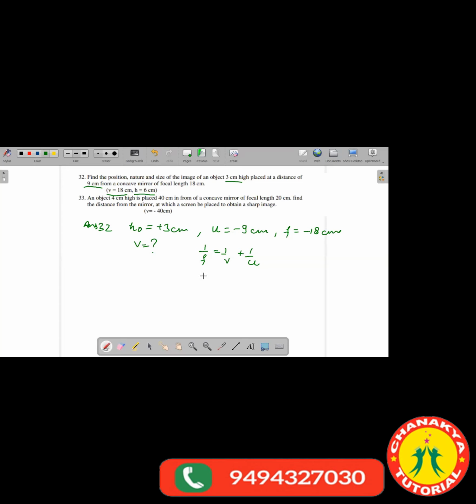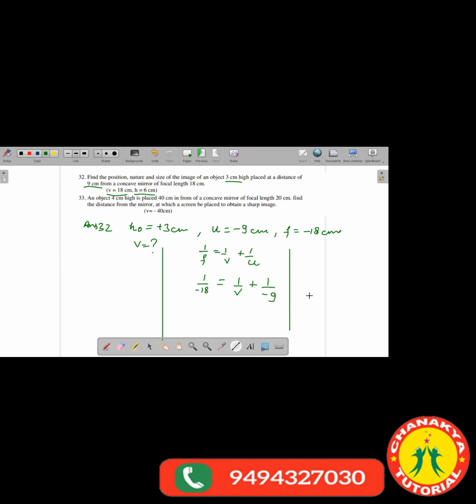Now, if we put the value, we get here 1 over minus 18 equals 1 over V plus 1 over U, where U is minus 9. So in the next step, we take all the negative signs in the numerator.